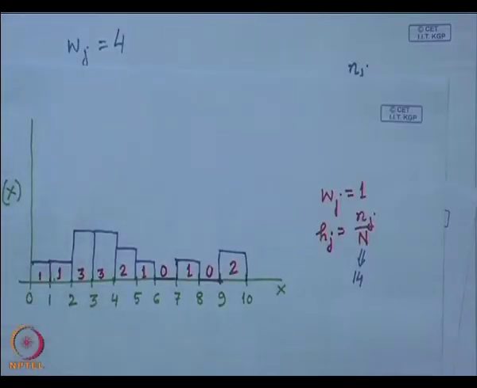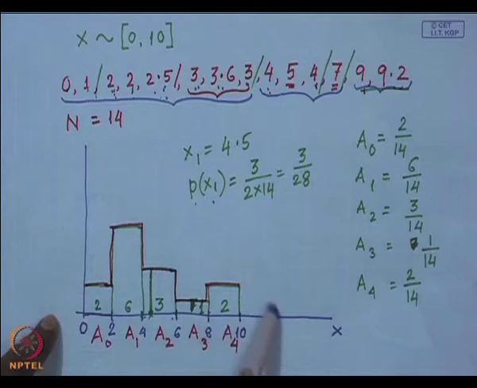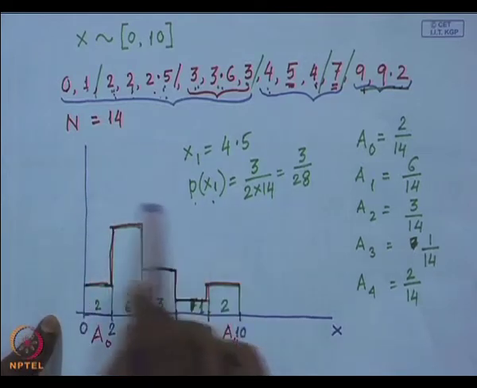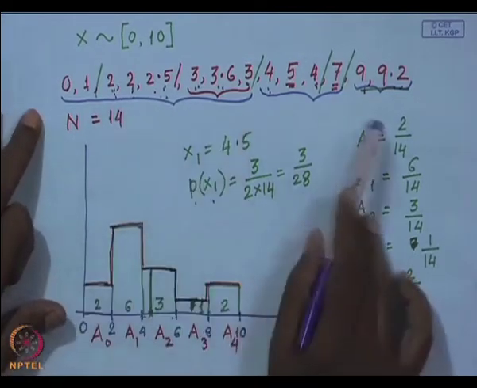So, you find that in all these different cases, the probability density estimate that I get is different. Then the question comes that what should be the proper value of bin width, or what should be the proper number of bins? Because apparently it appears that this is what I should have from this given set of samples.